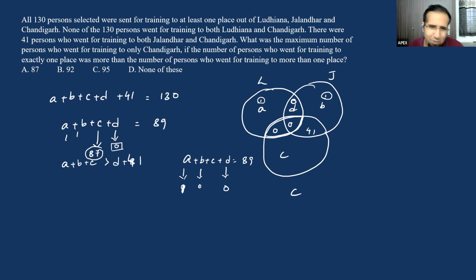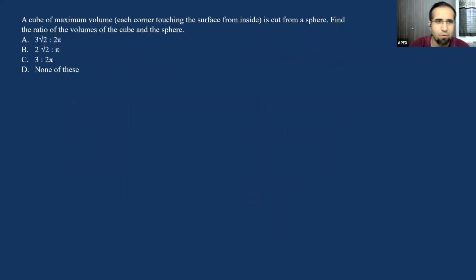So according to me, the answer should be 88 and not 89, because I know that somebody is definitely going to Jalandhar and Chandigarh for sure. So I think 88 should be the answer, but I don't know why the examiner assumed it as 87. Even if it's going wrong, it's completely fine. Easy question. We'll have to check with the examiner once again what has gone wrong in this question. Okay, so let's move forward.